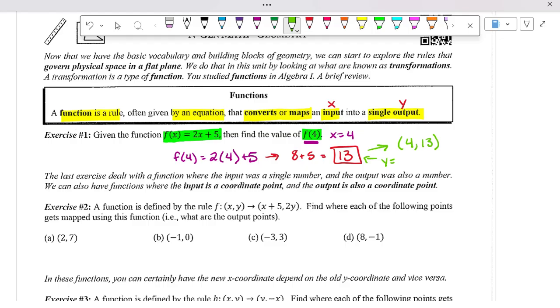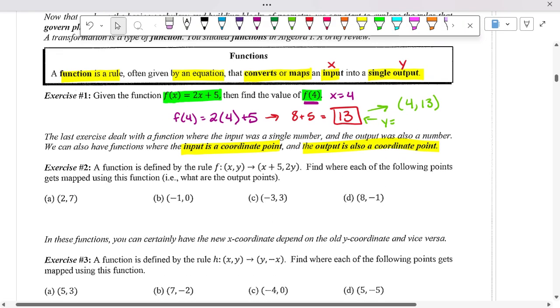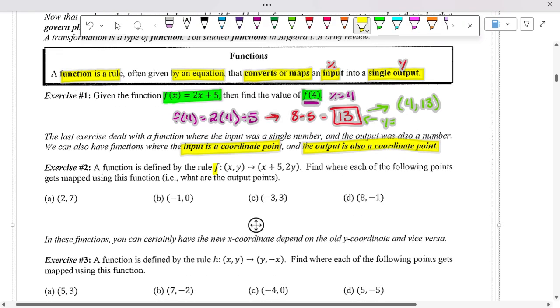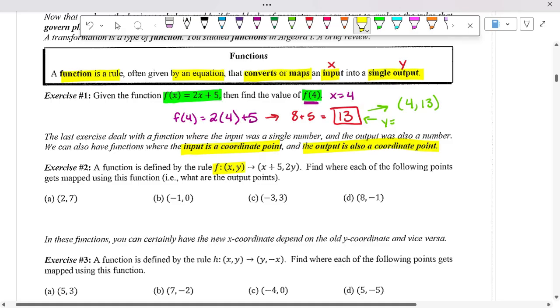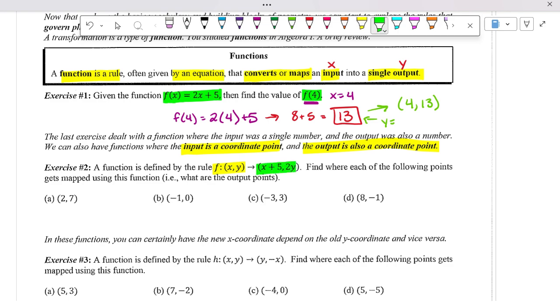Okay. So now we're going to look at functions where the input is a coordinate point and the output is a coordinate point. So they're saying that for the rule f of x, y, so if we're given the point x, y, so some point, then that would be our new function when we plug in for x and y. Now that looks like a lot.